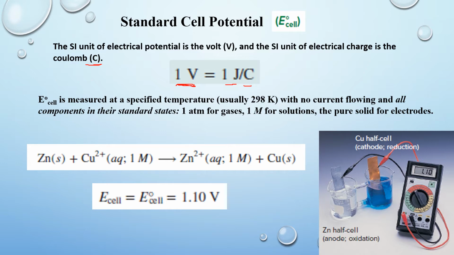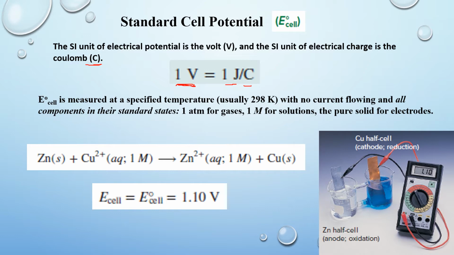When we measure the cell potential using a voltmeter, this voltage can be affected by changes in concentration as the reaction proceeds and by energy losses from heating the cell or the external circuit.